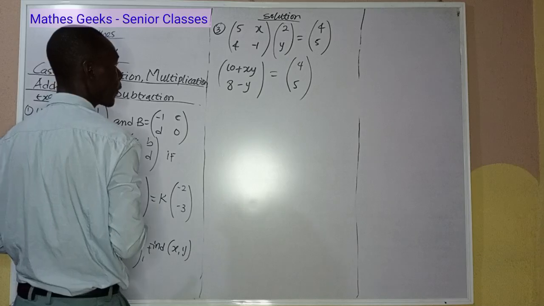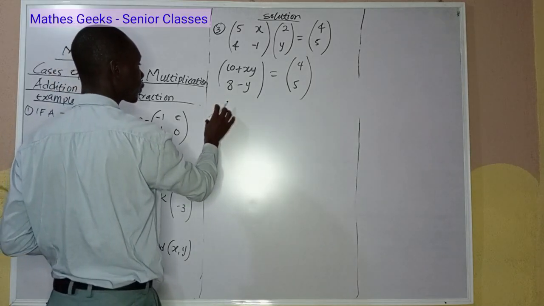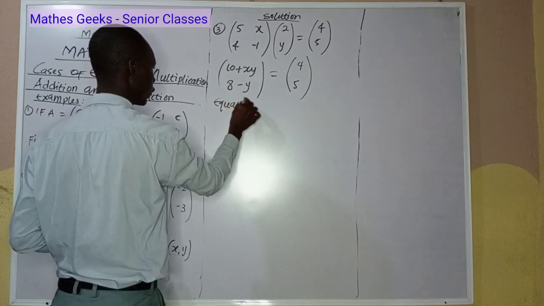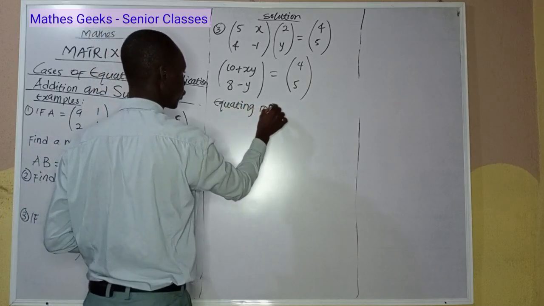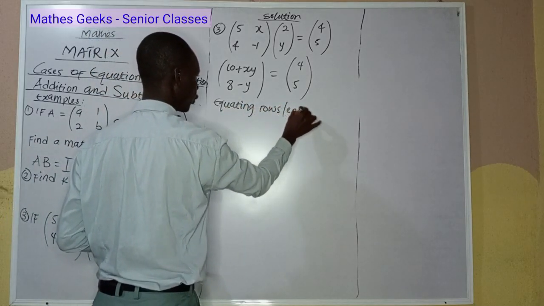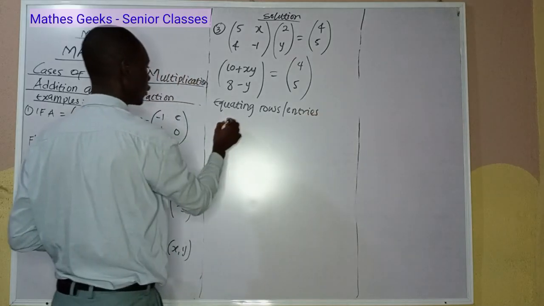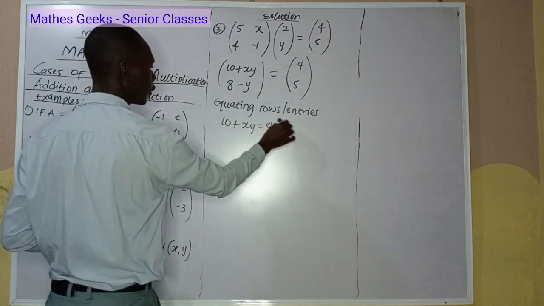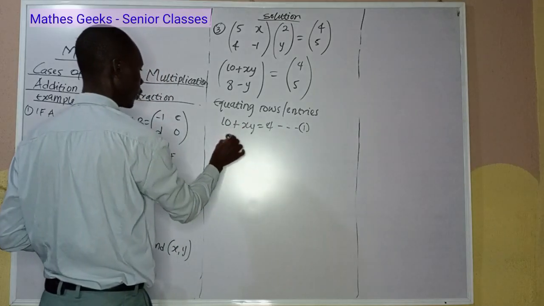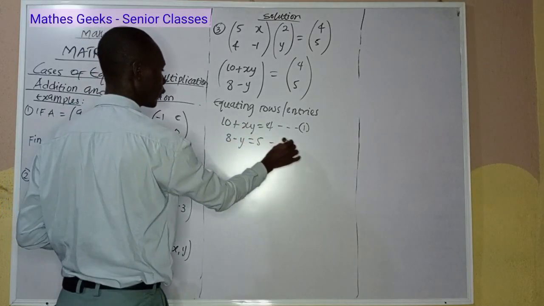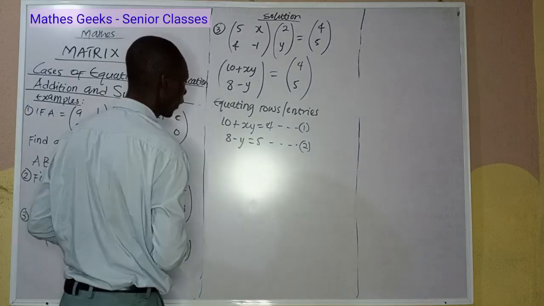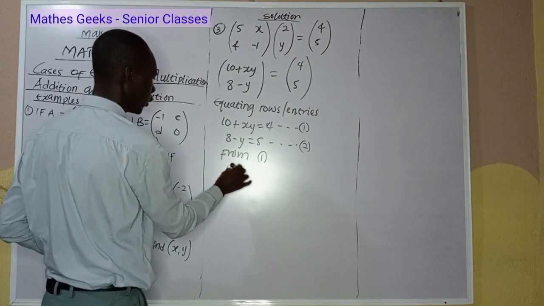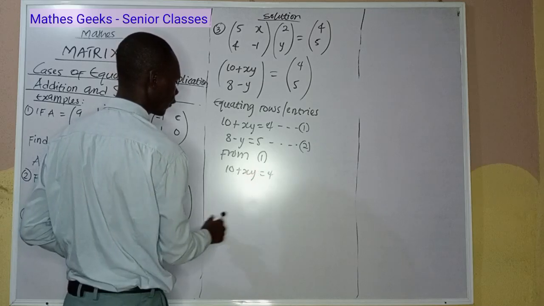So equating entries, we have 10 plus xy equals 4, equation 1, and 8 minus y is equal to 5, equation 2. From 1, 10 plus xy is equal to 4.